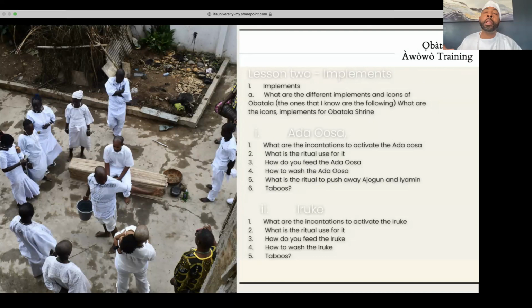We have the icon or the Erin, which is the physical representation of Obatala. But when we have the Ere, the different statues next to it, it complements the space, and it brings more attention to that spirit in that space. So this is why we'll keep that statue clean. And when we're calling and bringing more attention and bringing songs and praises, it keeps that spirit nearby.